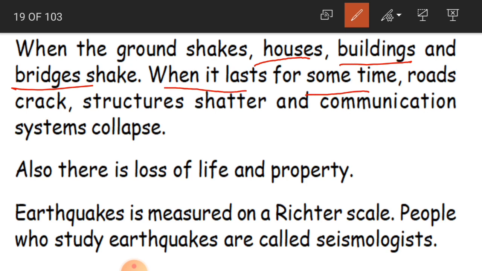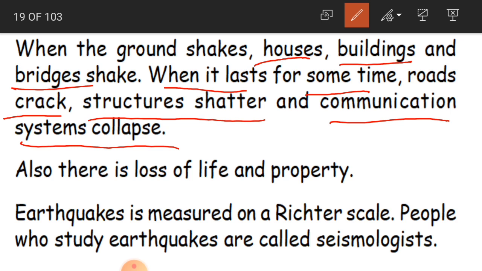When it lasts for some time, roads crack, structures shatter and communication systems collapse. When the earthquake is only for some seconds, we just feel the shake of our houses, buildings and bridges. But when it shakes for some minutes or some hours, then you can see the maximum destruction, the maximum damage.